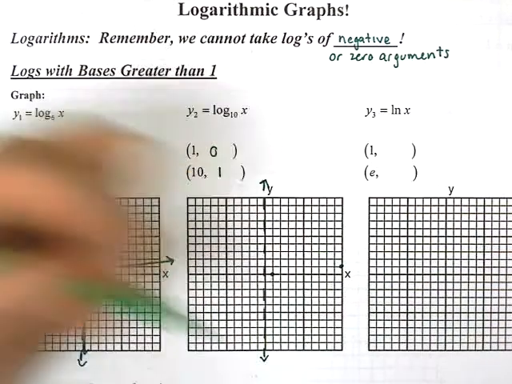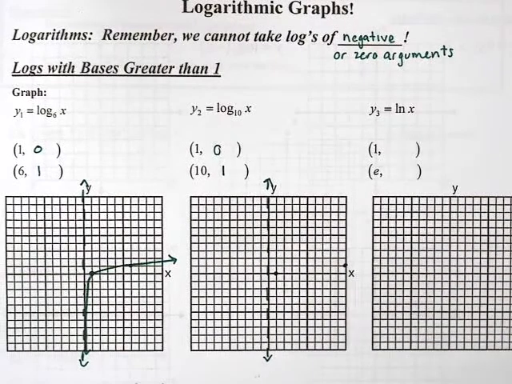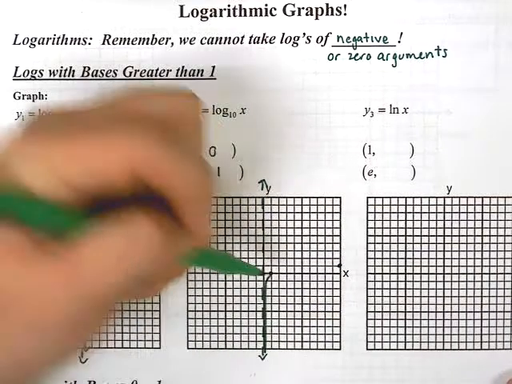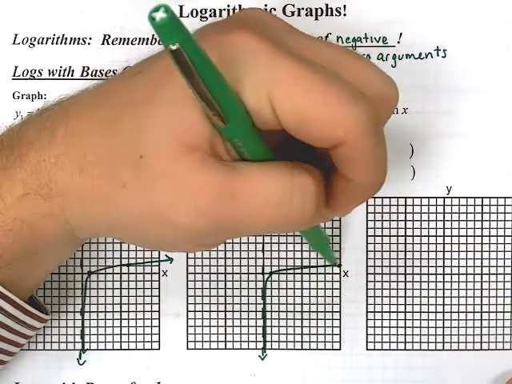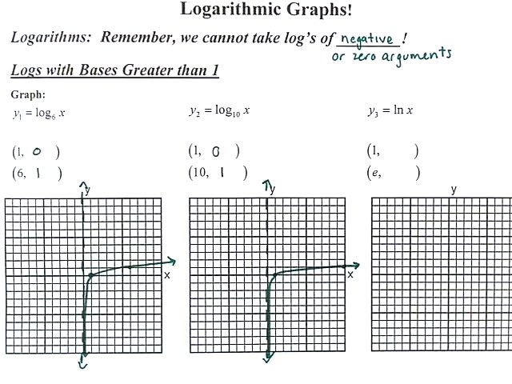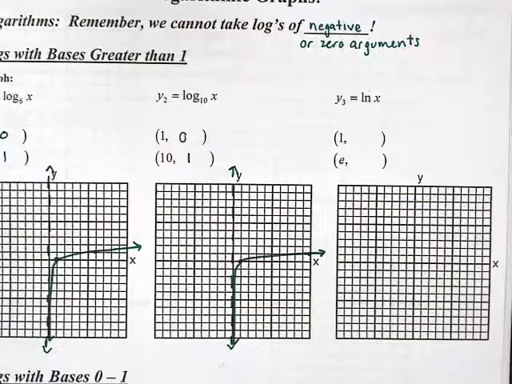Hopefully you guys can explain to me why we need a vertical asymptote. Make sure that if I ask you tomorrow, you are able to have a good explanation. But once you have it, you do the very best you can to sketch using your vertical asymptote and your couple of points.